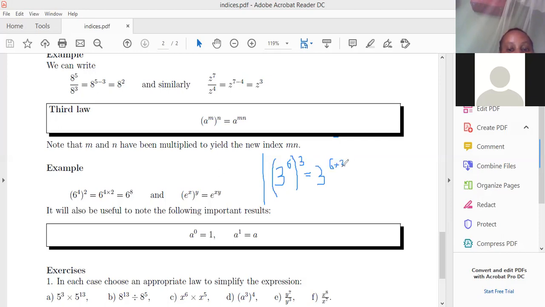And then finally, you can see we can raise 3 to the power of 18, which means you had raised it to the power of 6, and then the result you raise it to the power of 3. But in a simpler way, you just raise it to the power of 18, where we had already opened up our bracket here by multiplying the corresponding powers.